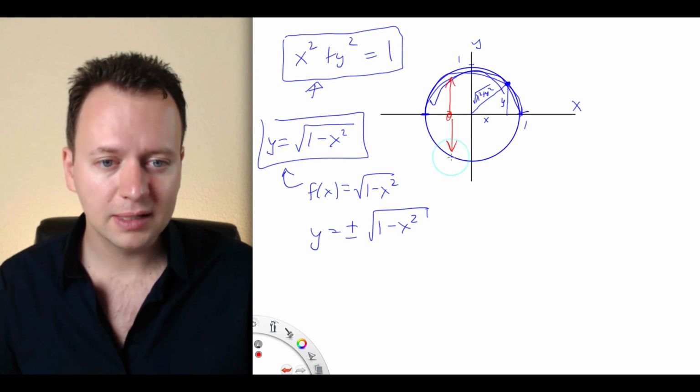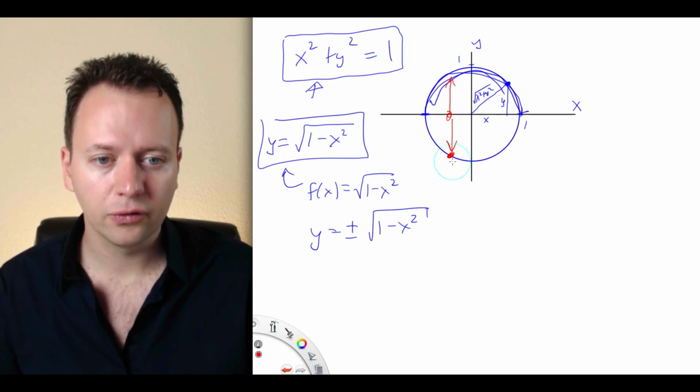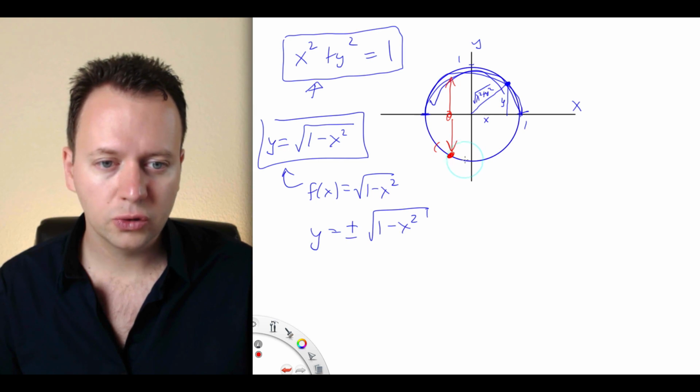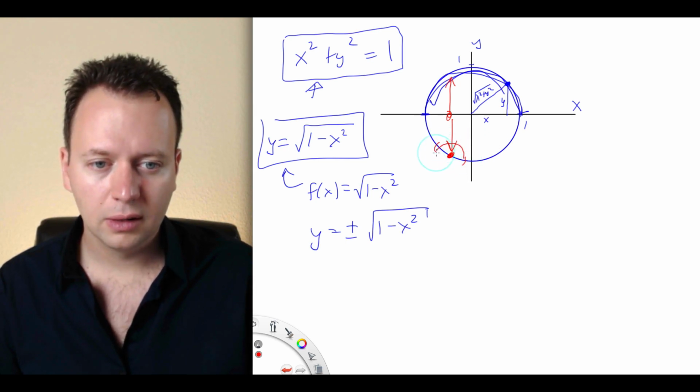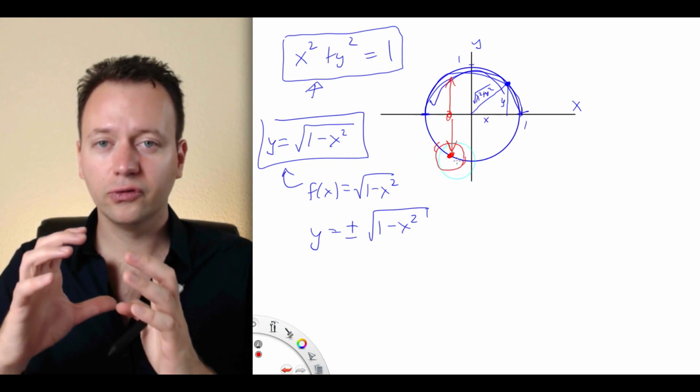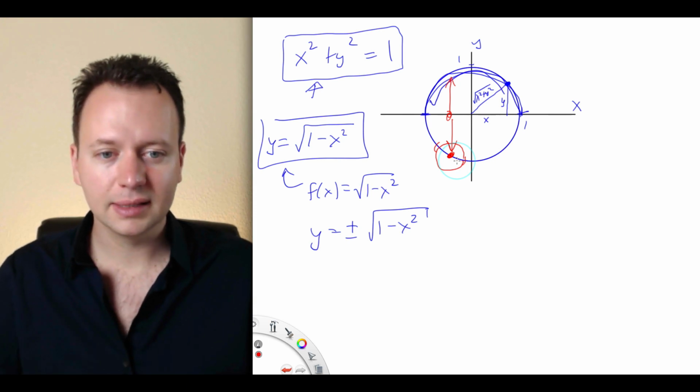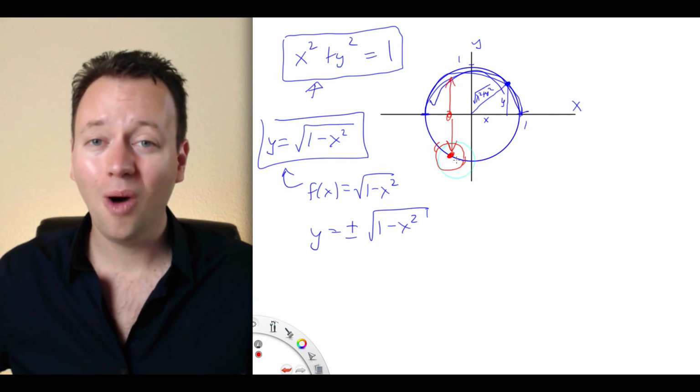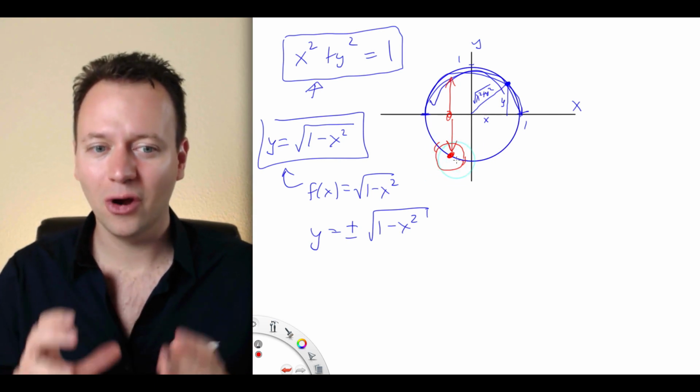What this means is if you fix a point on the curve and you restrict your view to some small enough bubble about that point, within this bubble, y is a function of the variable x.